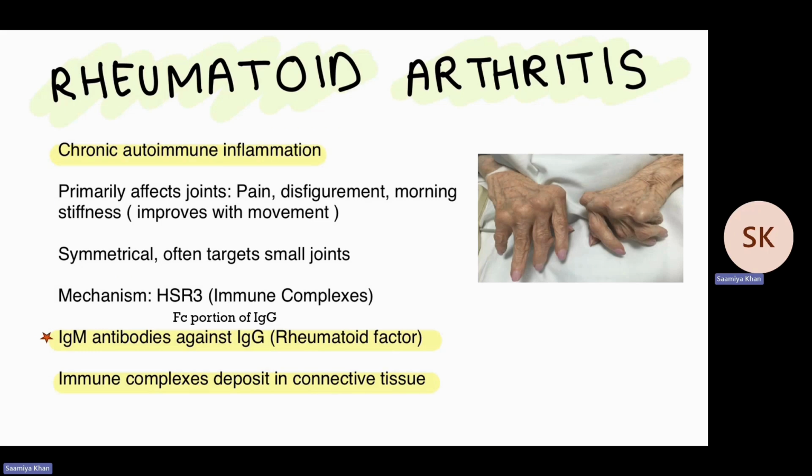So in this question, you can just say that it's a chronic autoimmune inflammation, and there are IgM antibodies against IgG, and this is known as the rheumatoid factor, which we detect when we do diagnosis. And these are the immune complexes which form and deposit in connective tissue, and in the joints, and this will cause pain, disfigurement, morning stiffness, which will improve with activity. And this is obviously hypersensitivity reaction 3.